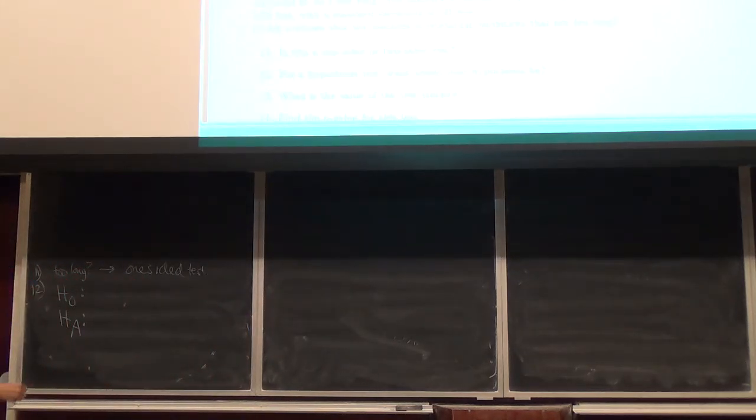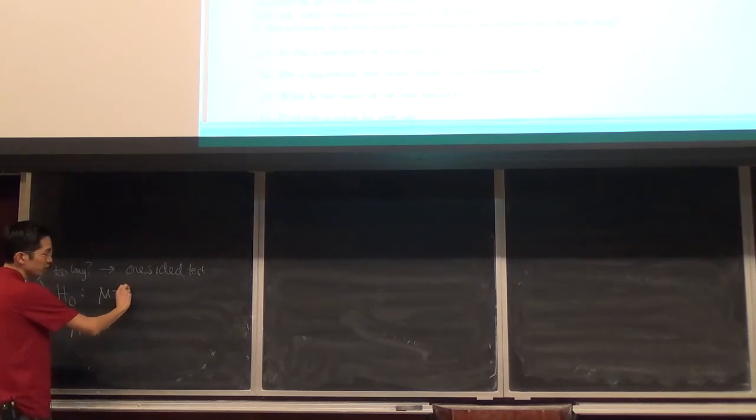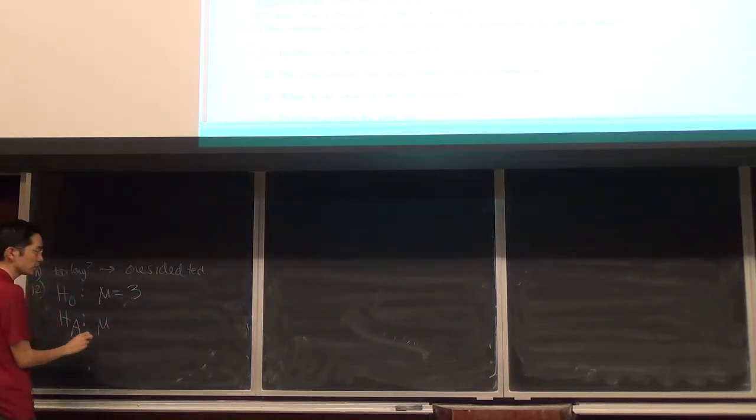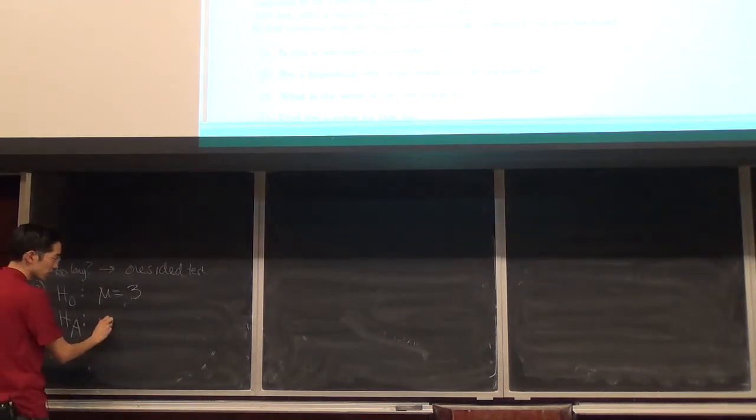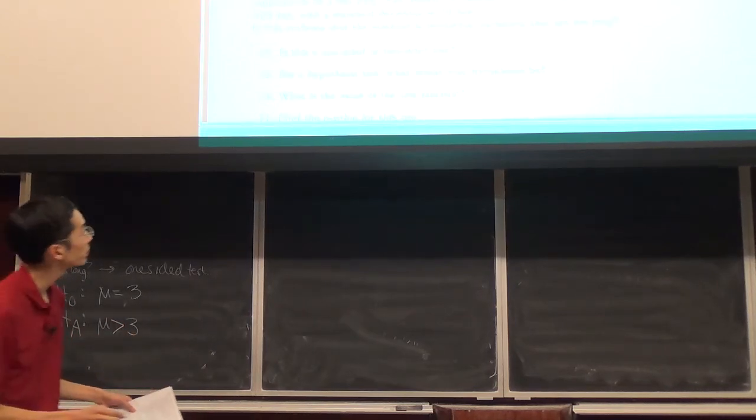It says we will use mu equal to some number versus mu something else. So we want mu equal to 3, and since we want to know if the machine is producing yardsticks that are too long, we have mu greater than 3. Those are our hypotheses.